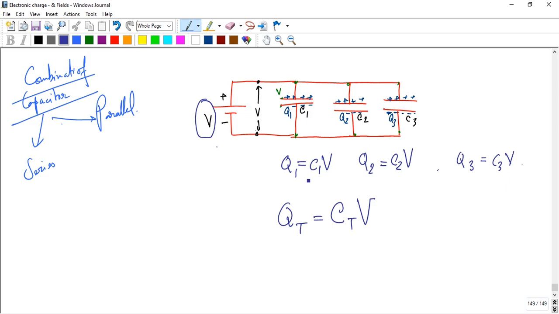Now they obey the superposition principle, that is CT times V is equal to, means actually the charges are just added.